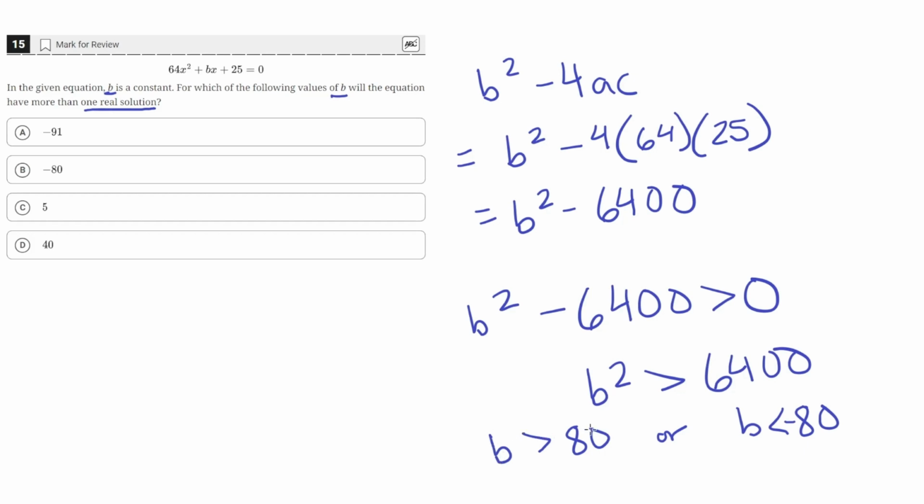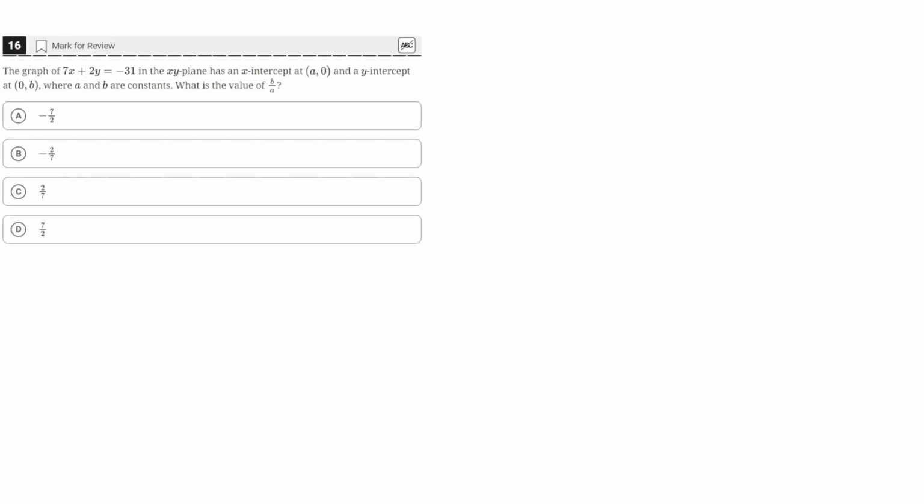So b has to be either greater than 80 or less than negative 80 for b squared to be greater than 6400. This will give us a positive discriminant, which means the quadratic will have two solutions, which is more than one. So the only answer choice that fits one of these two requirements is answer choice A, since it is less than negative 80.